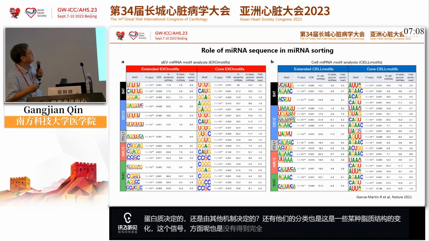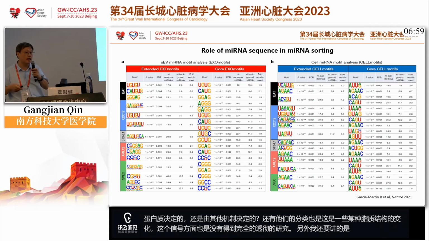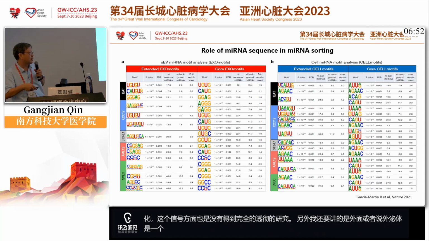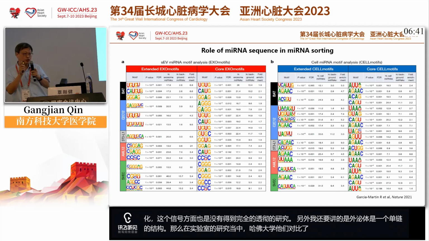Another one is the microRNA, which is a very short stretch of single-stranded RNA inside the exosome. This is a group from Harvard, from Ron Kahn's lab. They compared six cell lines for different microRNAs and how these microRNAs are packed into them. They found some RNAs with a certain motif that were selectively and highly enriched in all the exosomes.